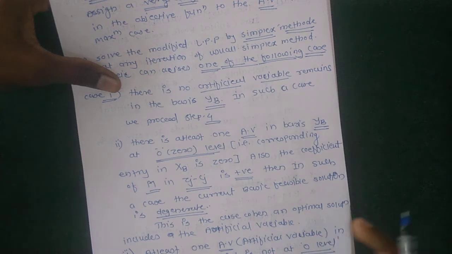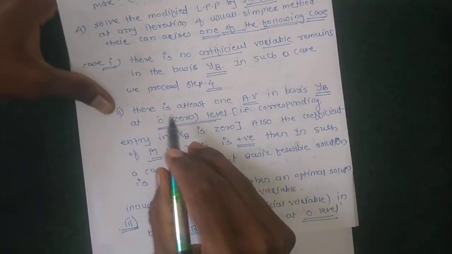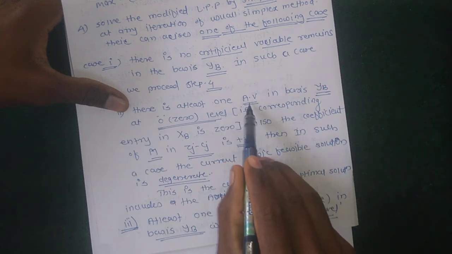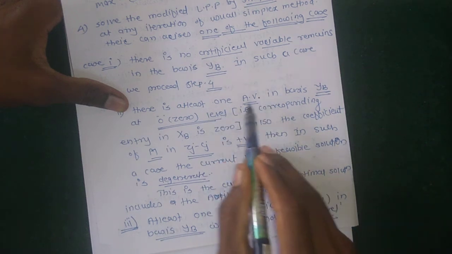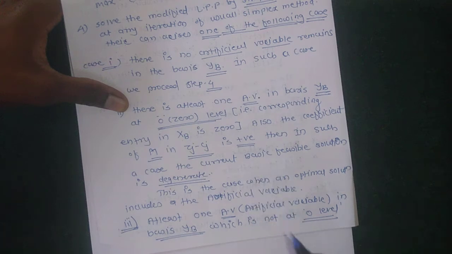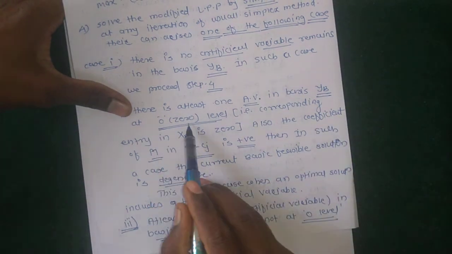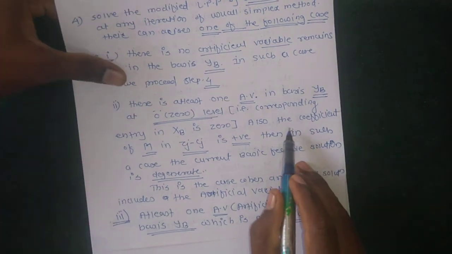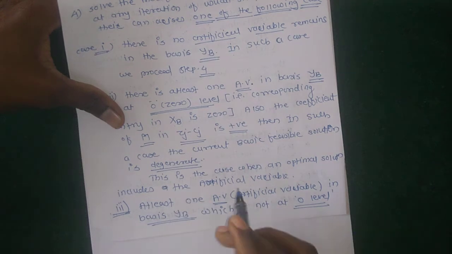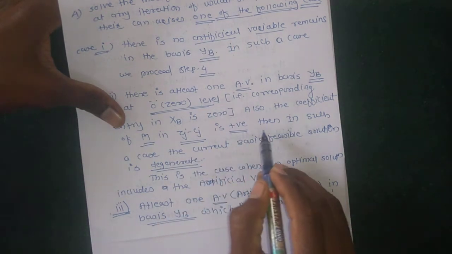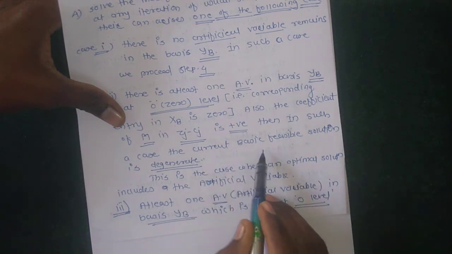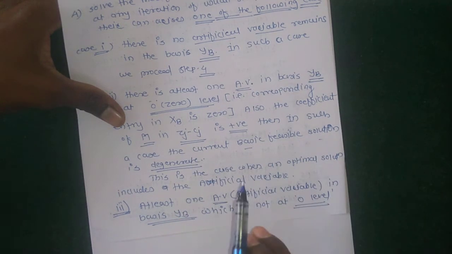Second case: if there is at least one artificial variable remaining at 0 level, meaning its value in the XB column is 0, and all zj minus cj are greater than or equal to 0, then the basic feasible solution is degenerate.